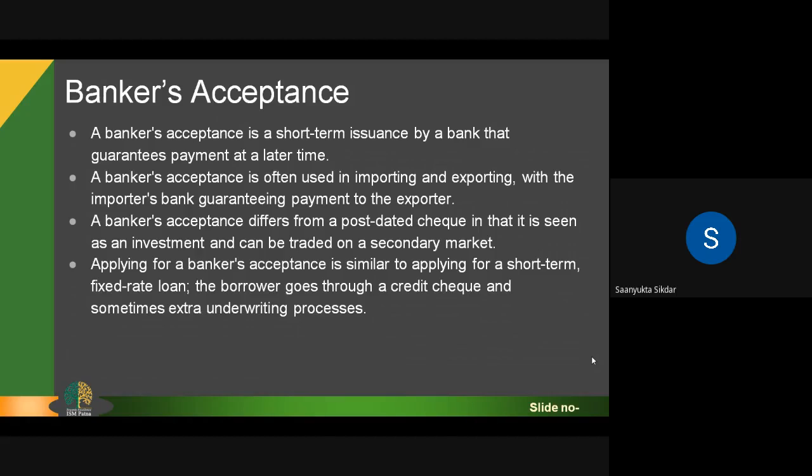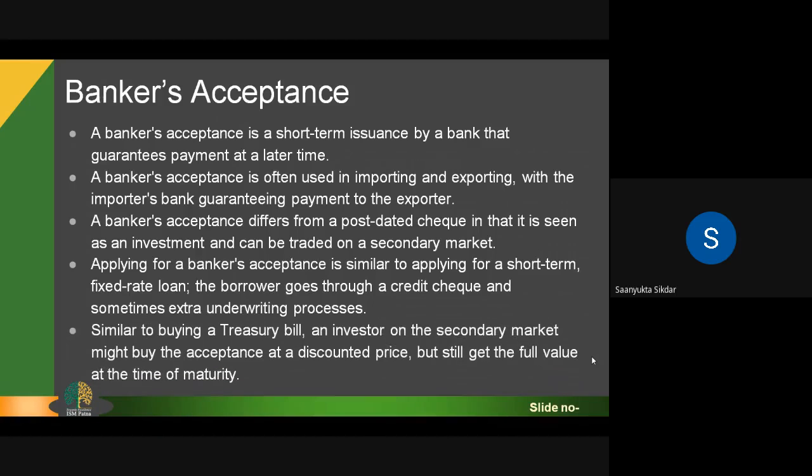The borrower goes through a credit check and sometimes extra underwriting processes. That extra underwriting basically acts as the extra amount of interest that is paid to the banks for issuing the banker's acceptance.